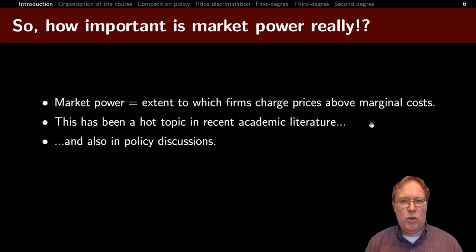If you read the newspaper, you can see that we are increasingly concerned about market power. Politicians are increasingly concerned, for example, in the discussion in the Netherlands on interest rates or prices in supermarkets, but also issues related to big tech. For example, do large platforms like Google or Amazon have too much power? If so, what should we do about this, etc.